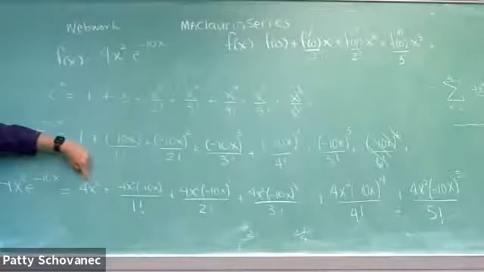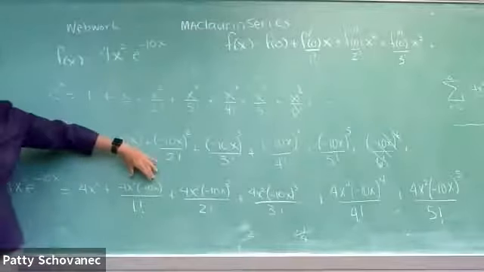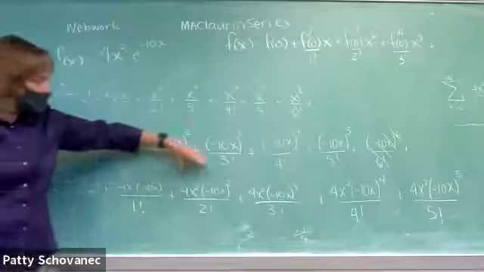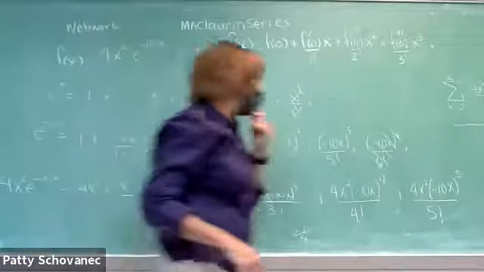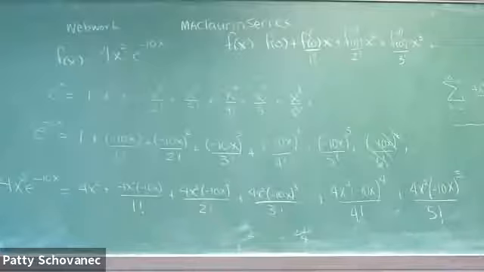Within 7 derivatives, this term is gone. This term is gone after 2 derivatives, right? This is an x cubed, so that won't be around when I'm taking the 7th derivative. This won't be around. The only term that's going to be around when I take my 7th derivative will be this. There'll be terms behind it, but every term behind it will still have an x in it.